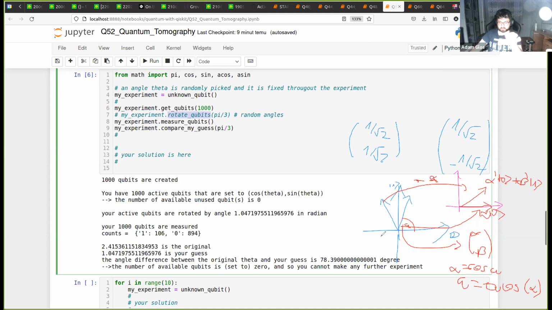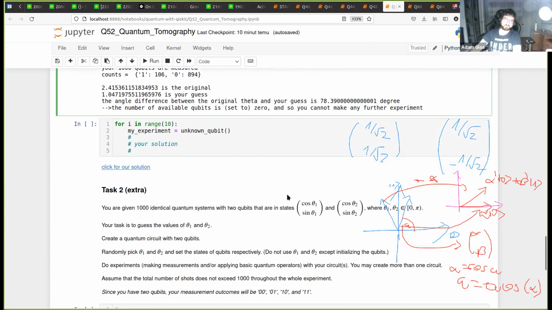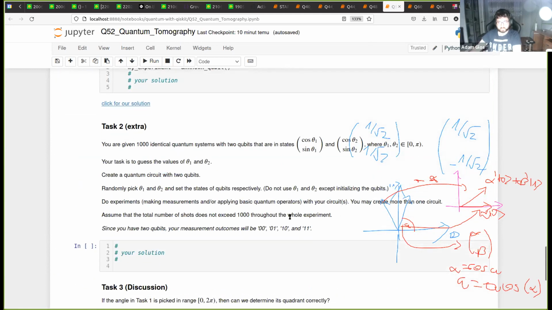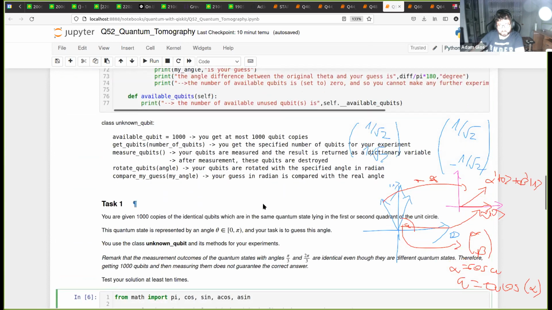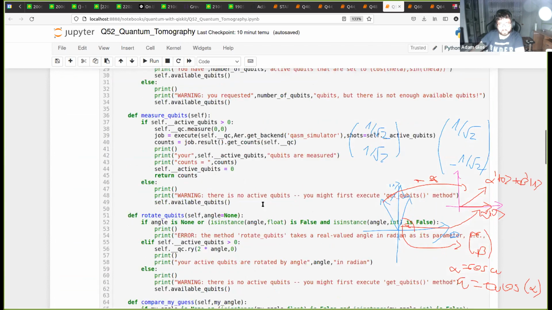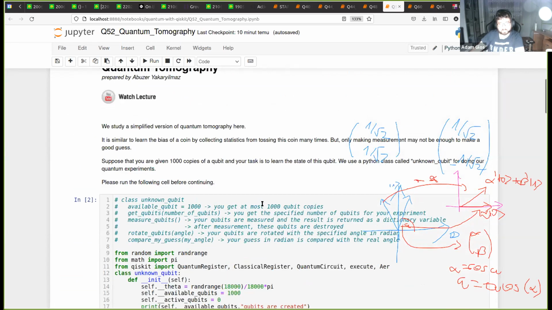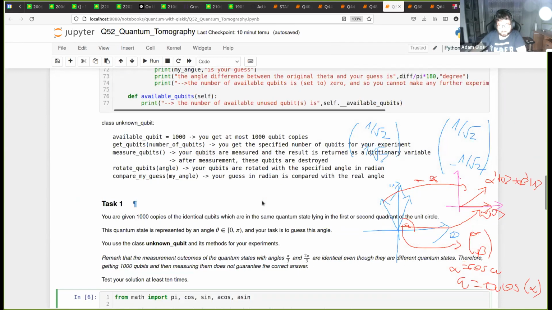So this is a distinction between the ideal and approximate scenario. For this task, I strongly recommend you use a lot of measurements. In fact, I think there were proportions like 900 to get alpha and beta, and 100 for getting the sign.